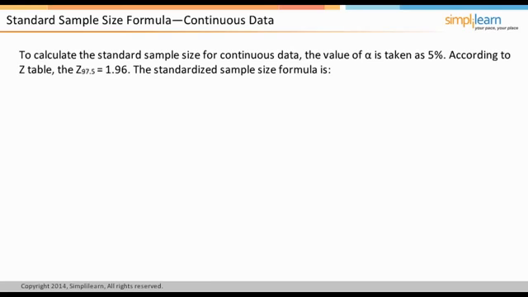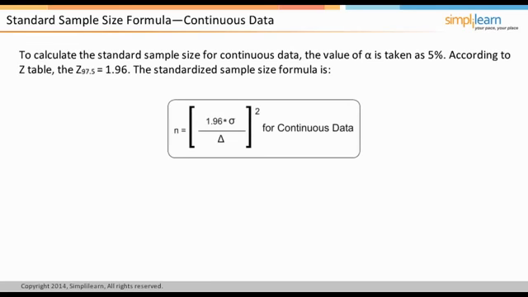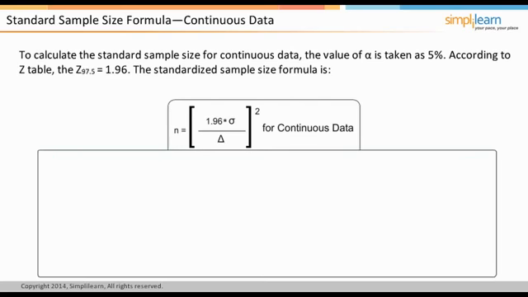The expression reduces to the one shown on screen. When alpha is 5%, Z is 1.96. To detect a change that is half the standard deviation, one needs to get at least 16 data points for the sample. Click the Example tab to view an example of continuous data calculation using the standard sample size formula.